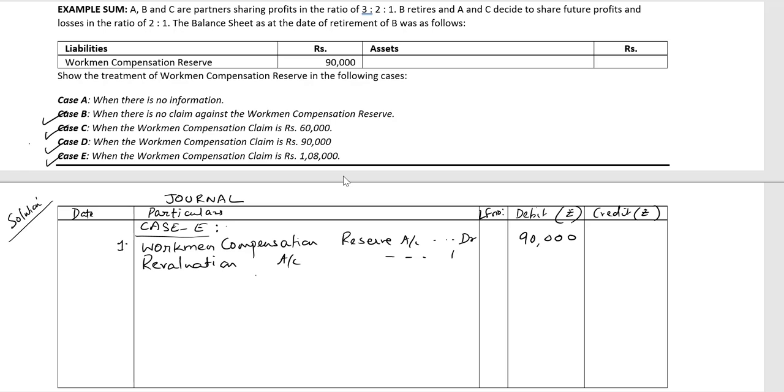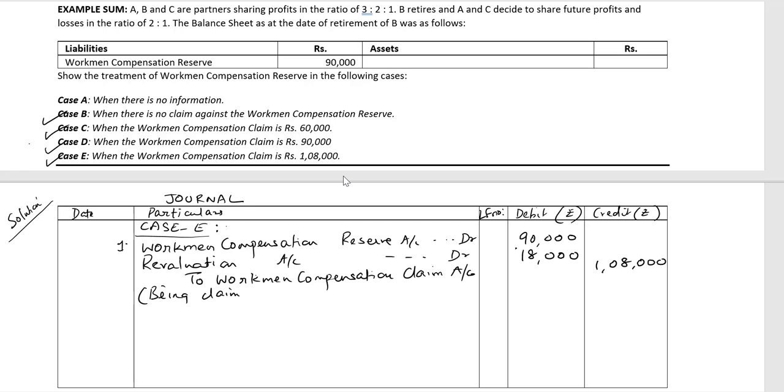Revaluation account debit 18,000 to workmen compensation claim account 1,08,000. Narration being claim provided for. This is the first journal entry.